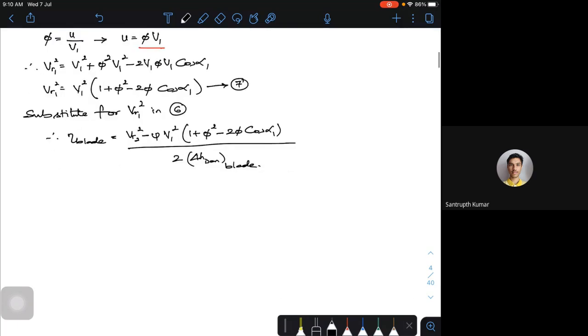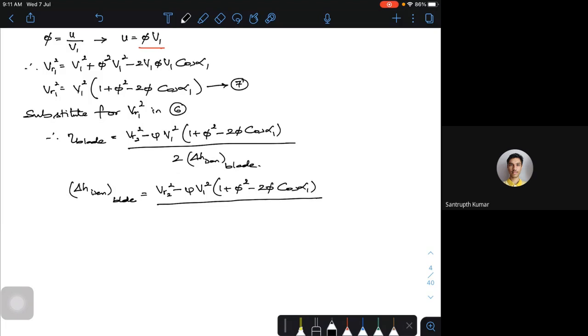With a little cross multiplication, delta H isentropic for the blade is equal to VR2 square minus psi into V1 square into 1 plus phi square minus 2 into phi into cos alpha 1, whole thing divided by 2 times your blade efficiency. I am going to call this equation number 8.